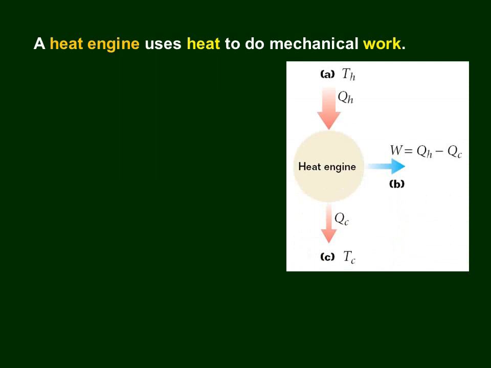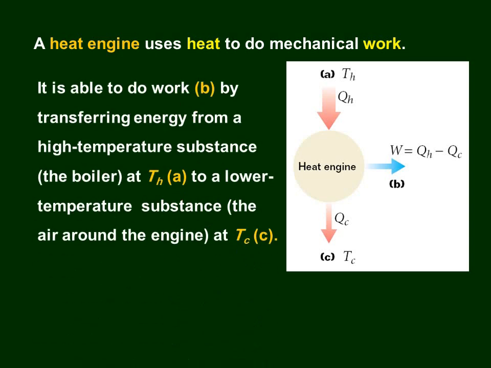This heat engine takes heat from a hot tank, a hot reservoir, and loses heat to a cold reservoir, the surrounding air. The difference between the heat gained and the heat lost changes into work, so it's able to do work.